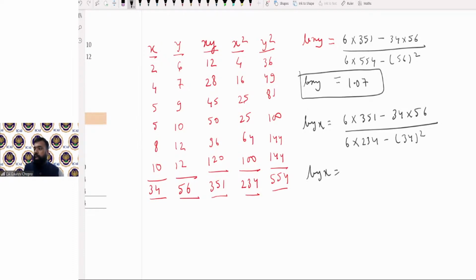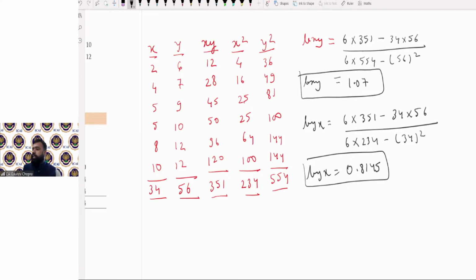How much are you getting byx? How much? 0.8145, 0.8145.